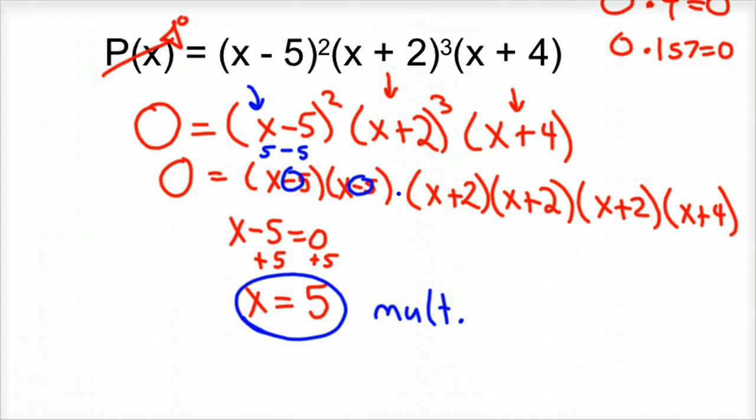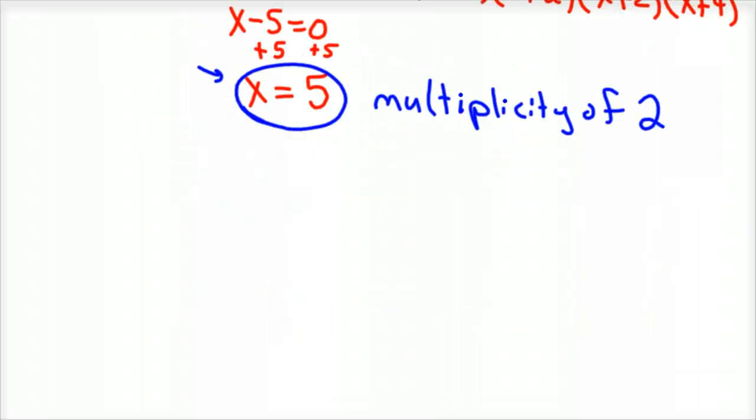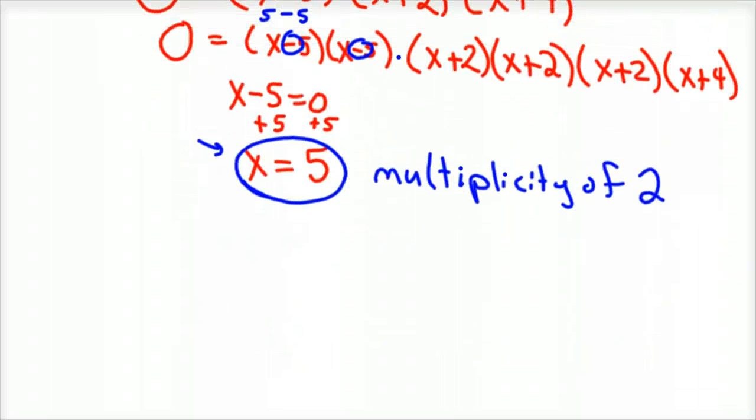It has a multiplicity of 2 because there were two of those roots, two 5s occurred. That'll be important when we're graphing this later, because this number 5 will look a little different than the rest. Also, we've got a group of three (x plus 2)s, so we'll set that to 0 to see what its root is.